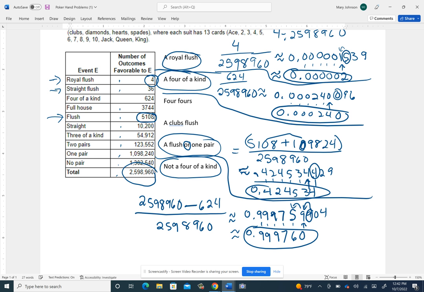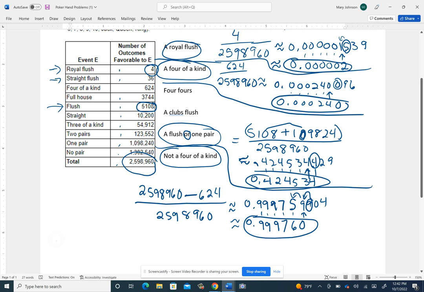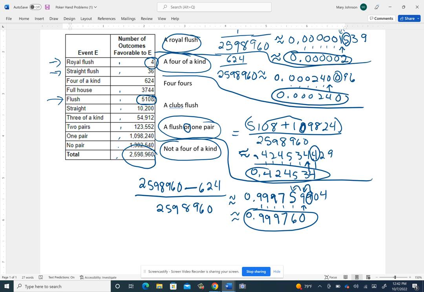All right. So those are the more straightforward ones. The ones that you might be asked that are kind of tricky are, what about getting 4 4s? Okay. So that's like a 4 of a kind, right? So you might be thinking, well, it's just 624 over all of that.